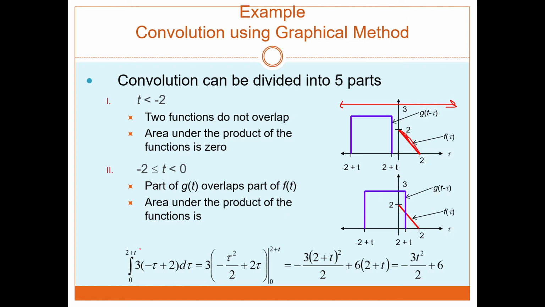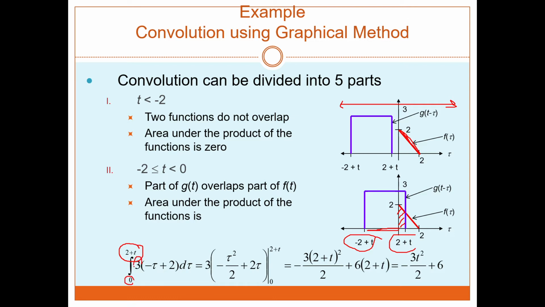So what we want to do now is put a variable, or some limit here, at 2 plus t, which is 0. We want to know the area under this one, so from 0 to 2 plus t. The limit is 0 to 2 plus t.